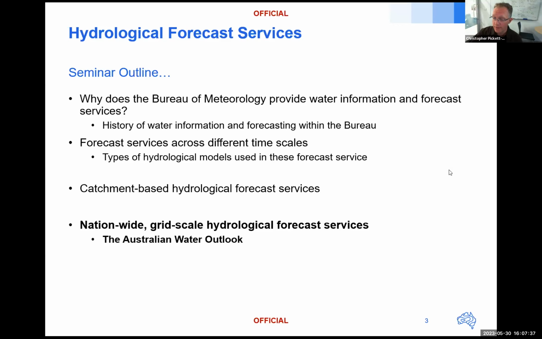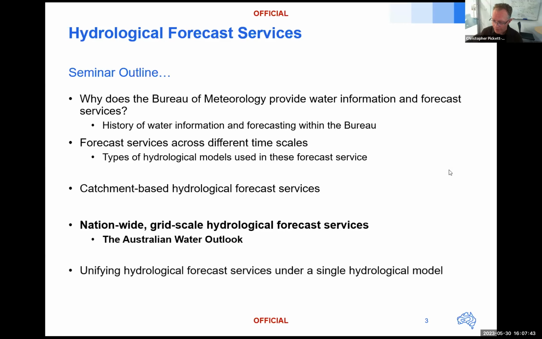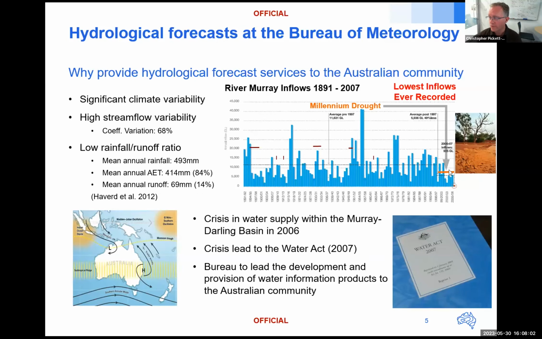That's within the Australian Water Outlook, which is a service now operational and provided to the Australian public. And hopefully there'll be time to look at current projects we're involved in, which is unifying a lot of these services under a single operational and modeling system.